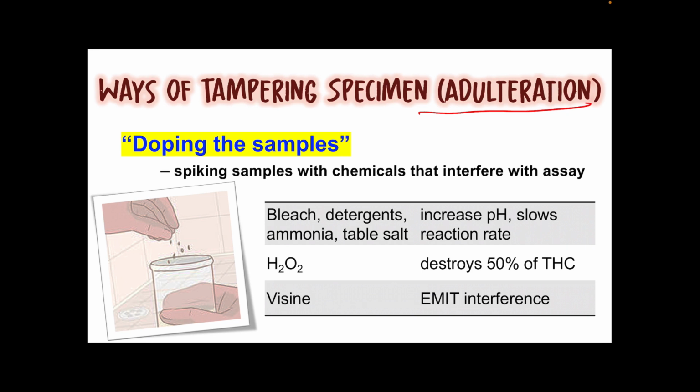One of the ways to adulterate the specimen is doping the sample. This means contaminating or spiking the samples with chemicals that interfere with the assay. So you could have bleach, detergents, ammonia, table salt, hydrogen peroxide, and even Visine eye drops.